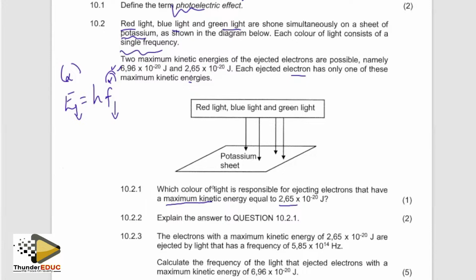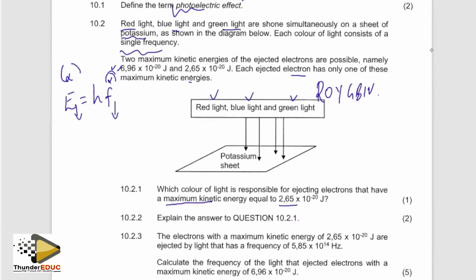Then from our light spectrum, we know that ROYGBIV. So we need to find out between the red, the blue, and the green, what does this arrangement represent? Is it frequency or wavelength? And then we take it from there.